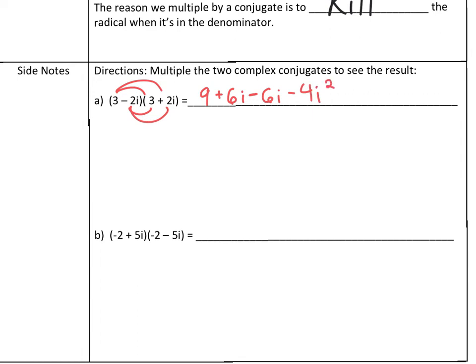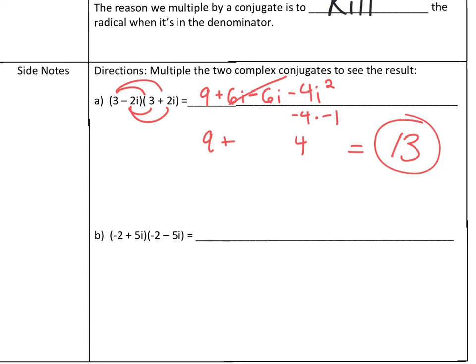Do we see how the middle, 6i minus 6i, what happens? Cancels out. So we're just left with 9 minus 4i squared. We know that i squared is just negative 1. Negative 4 times negative 1 is 4. So I just have 9 plus 4? Oh yeah, 13. Good. That is my answer.